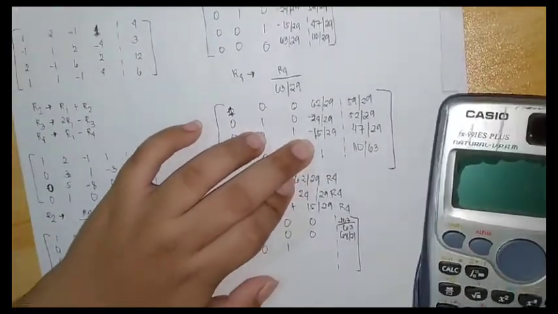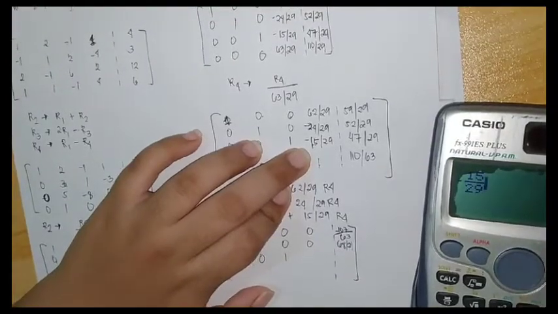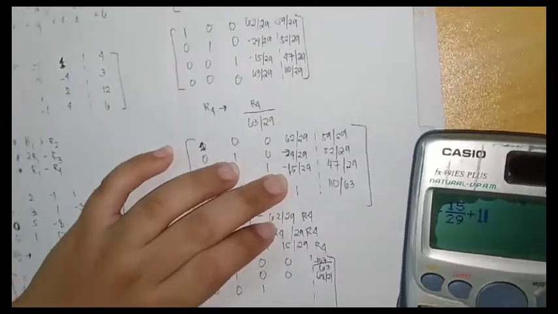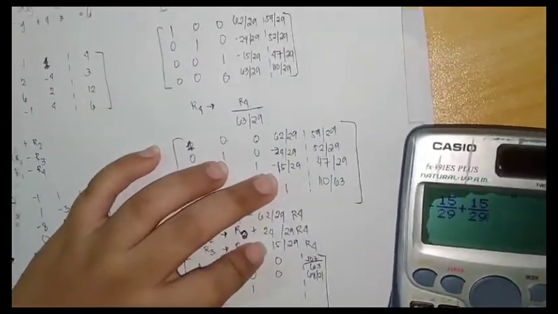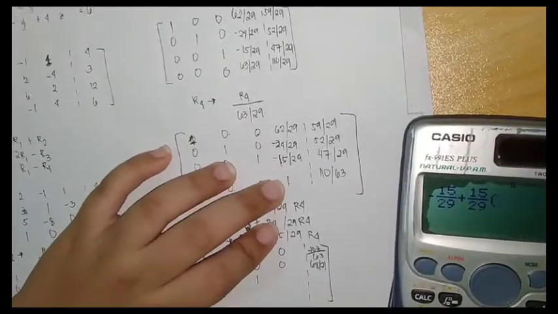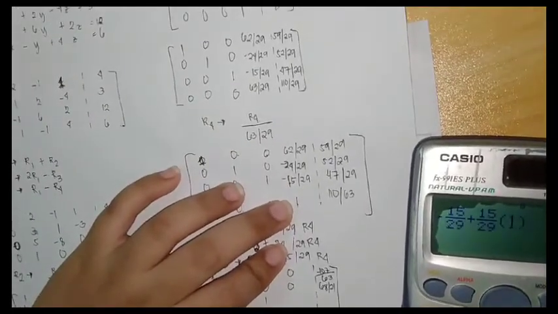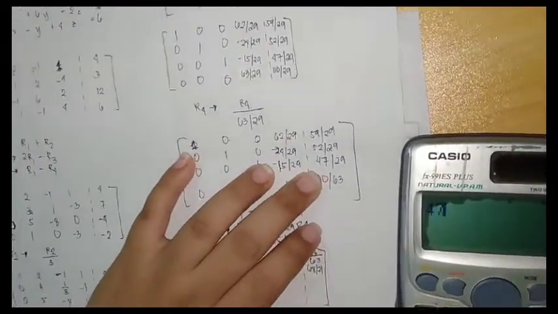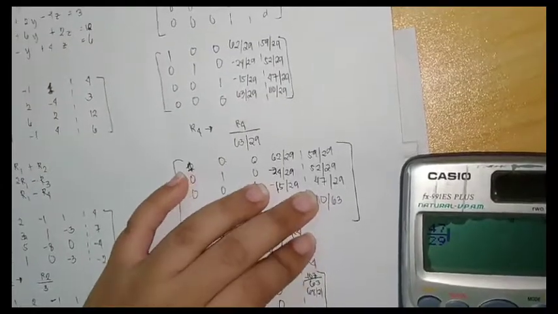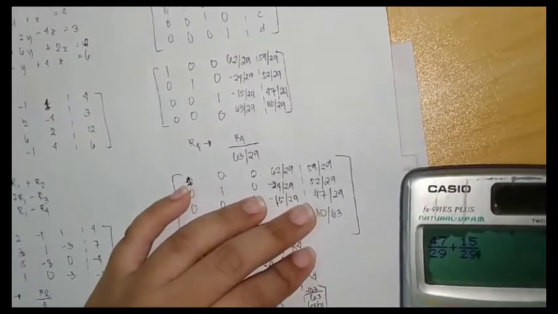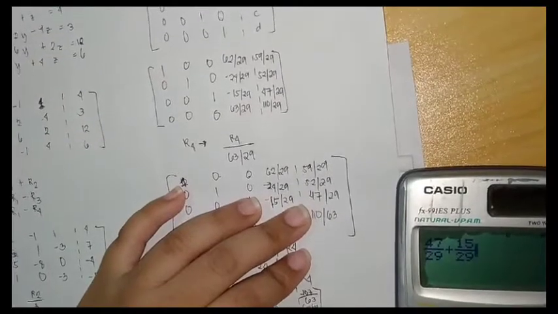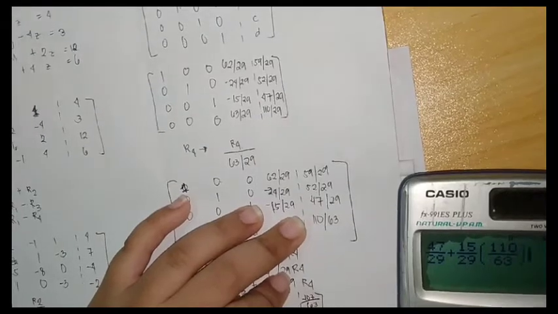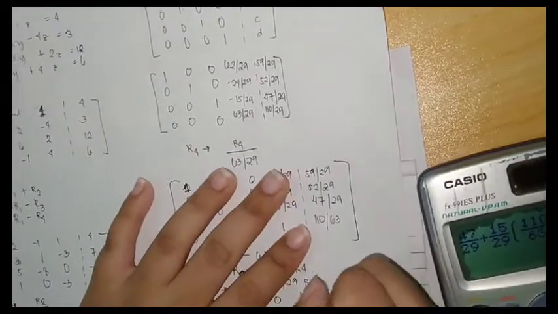And then here, negative 15 over 29 plus 15 over 29 times R4, which is 1, is equal to 0. Now here, 47 over 29 plus 15 over 29 times R4, 110 over 63, is equal to 53 over 21.